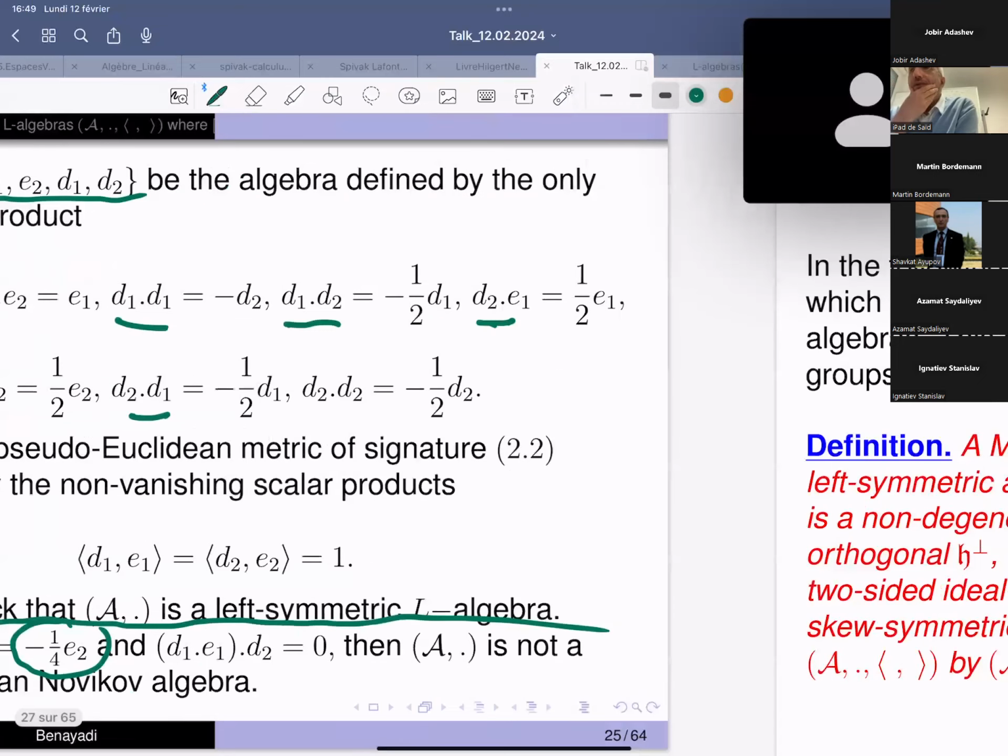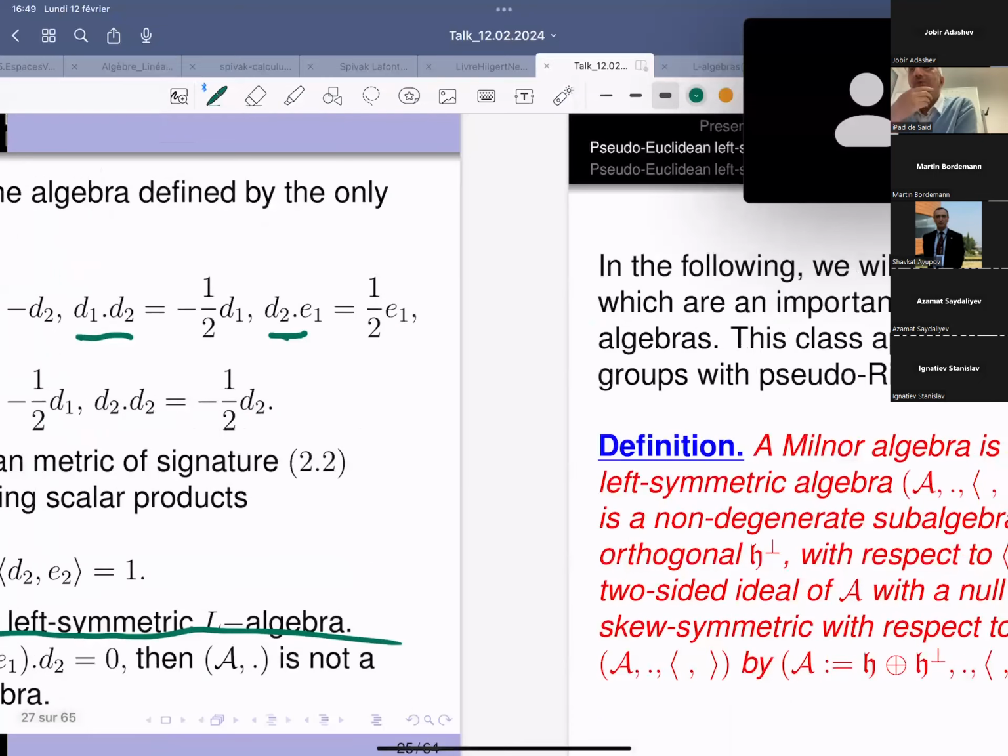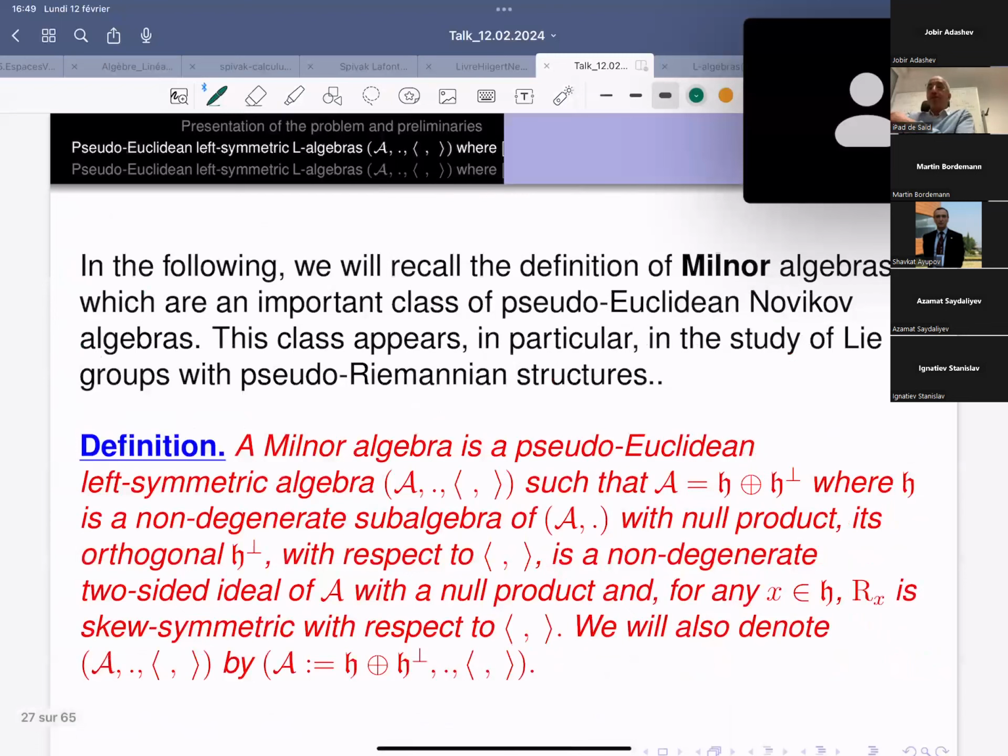In the following, I will recall the definition of minor algebra. It's a very important class. In particular, this class appears in the study of Lie groups with pseudo-Riemannian structure. The definition of minor algebra is a left symmetric algebra such that you have this decomposition.